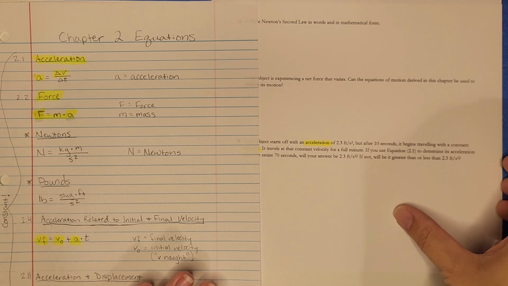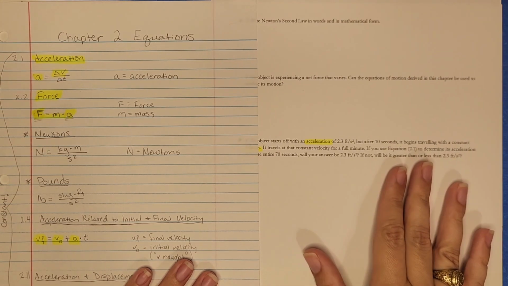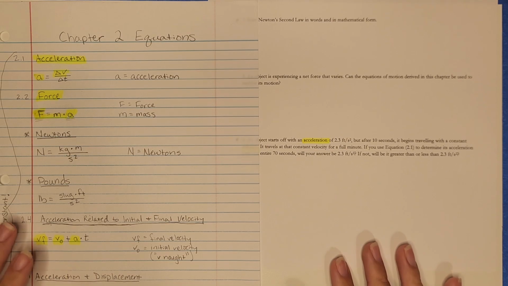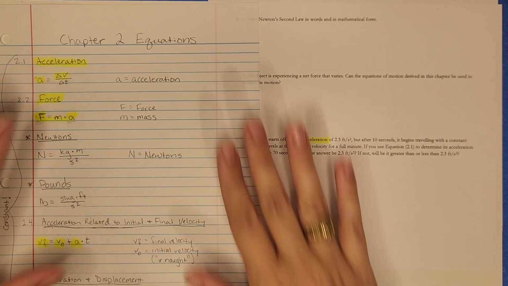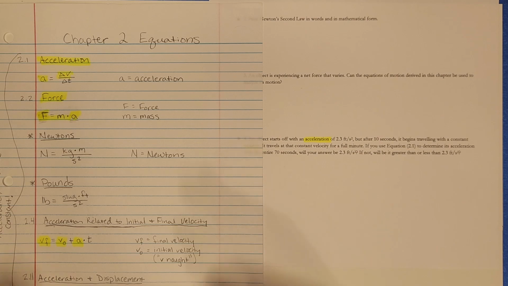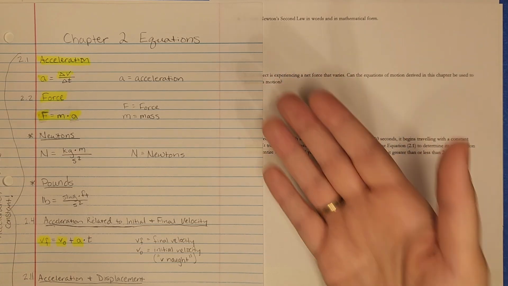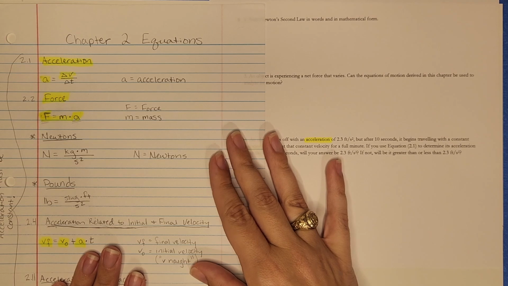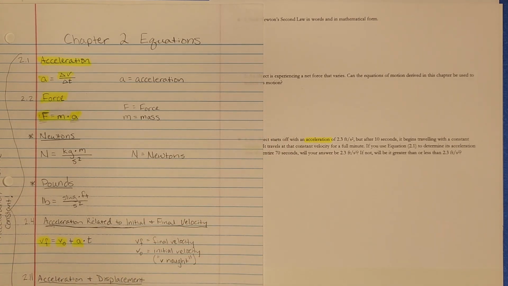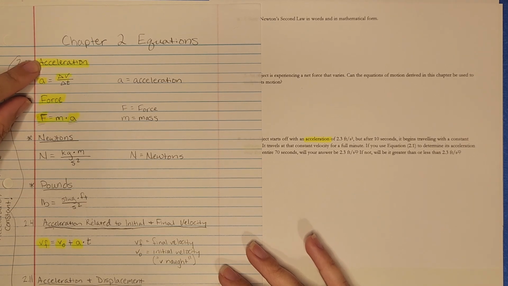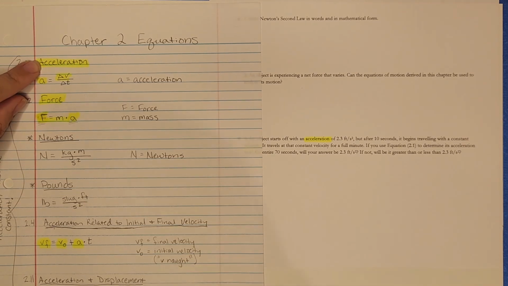So let's go ahead and refer to equation 2.1 since it asks us about that in the question. You can see here, this is part of my notes that I take. I like to take a separate page of notes for all of the equations that I need, so they're all in one place. I label them with the number that they're given in the book. I give them a title because the book does not give these equations titles.